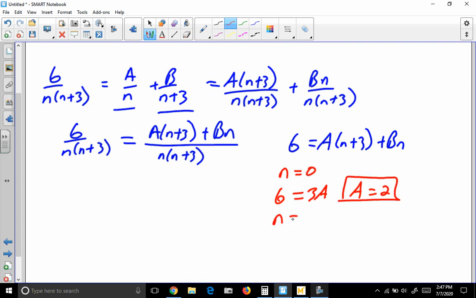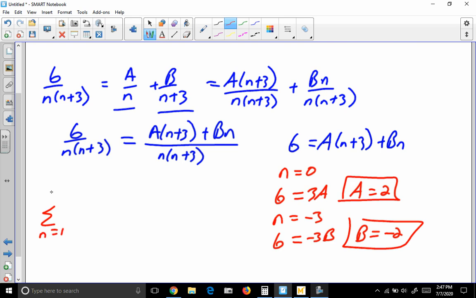If we let n equal negative 3, then this term would be 0, and we would get 6 equals negative 3b, or b equals negative 2. That means our series can be rewritten. Instead of 6 over n times n plus 3, we could call it 2 over n minus 2 over n plus 3.